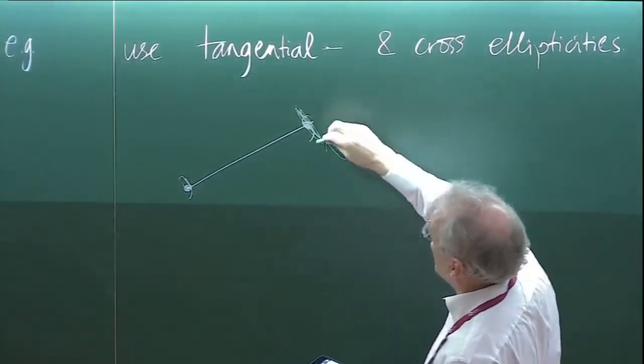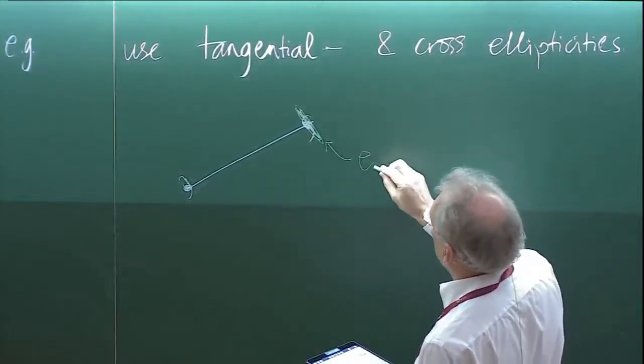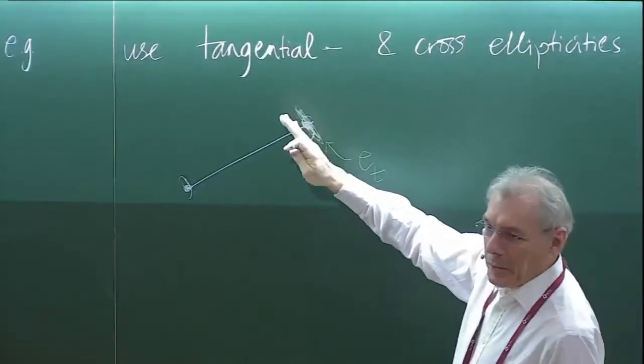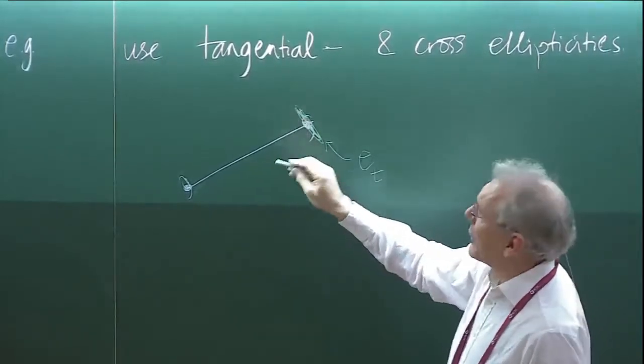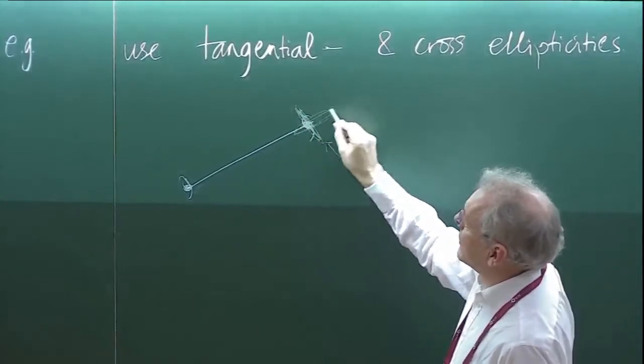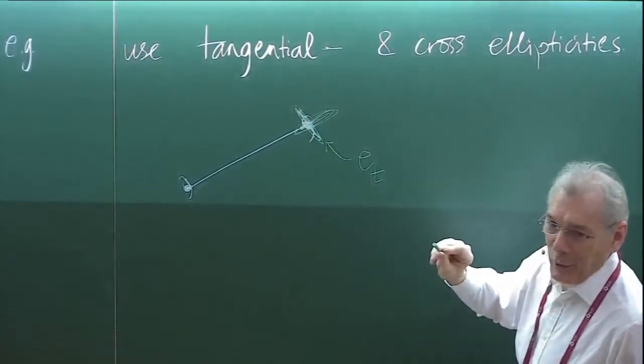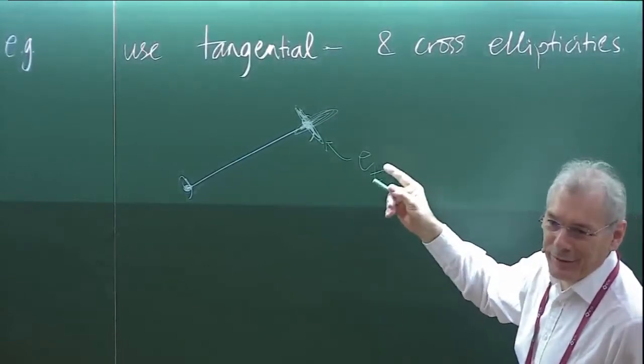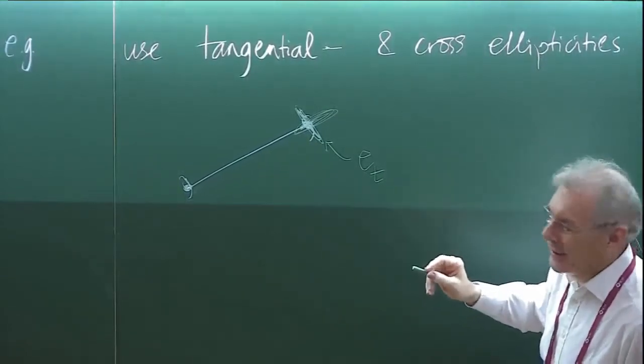So this component here would be the e tangential component. It's a slightly odd name because this is like the e1, but it's in a rotated system. So actually, if the galaxy was like this, it would also have a non-zero but negative e tangential. So something which is radial has a negative tangential ellipticity.